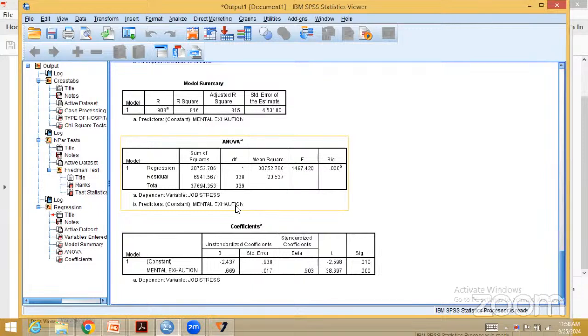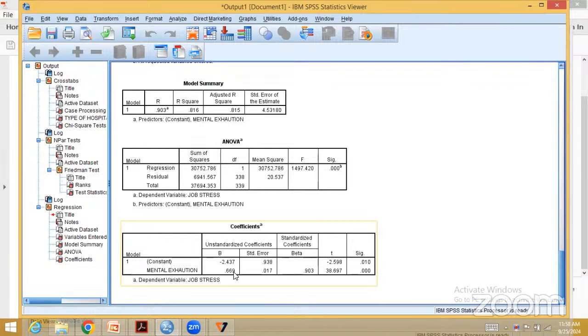And what is the impact of mental exhaustion here? Mental exhaustion has a beta coefficient of 0.669, which means if mental exhaustion is increased by 1 unit, automatically job stress is increased by 0.669. That means there is a positive influence of mental exhaustion on job stress.